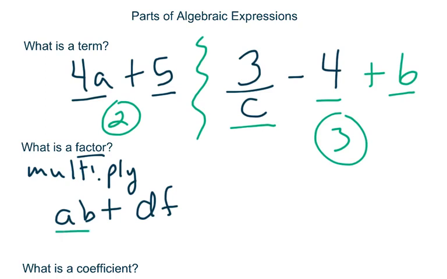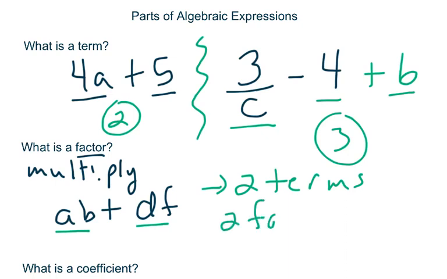First, we have two terms, AB and DF, and then each of these terms has two factors, A and B, and D and F. So we have two terms, and each of those terms has two factors. So this has two terms, and it has two factors per term.